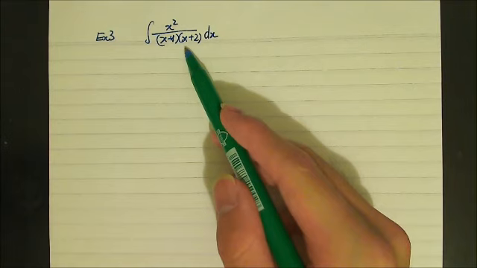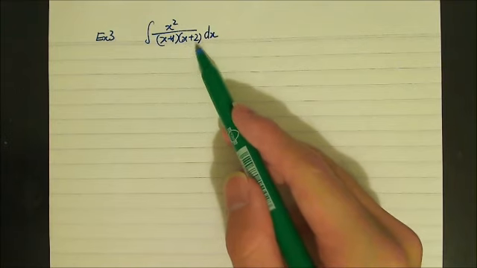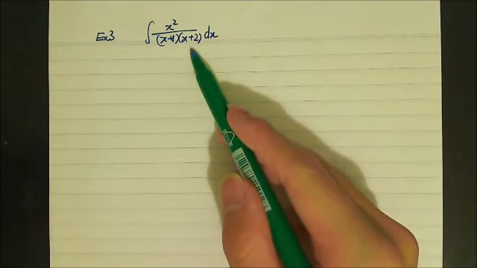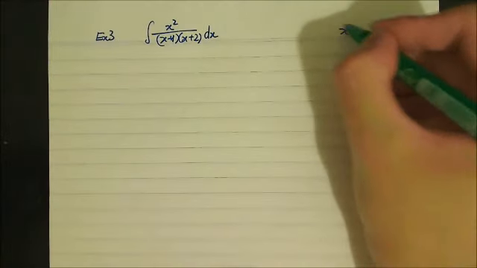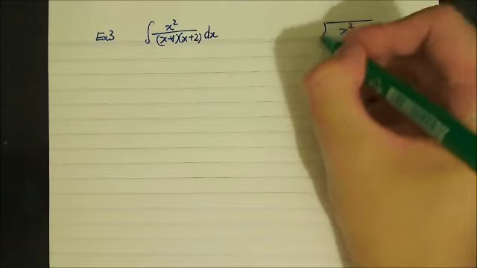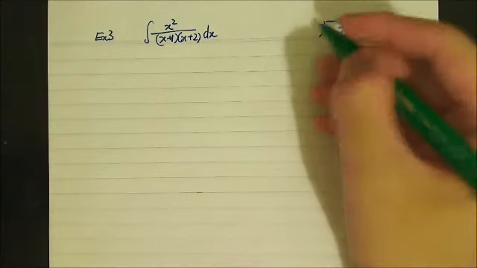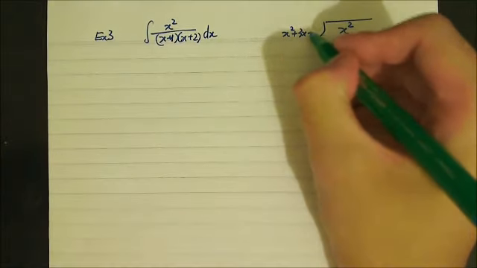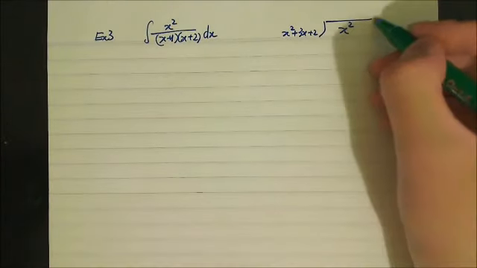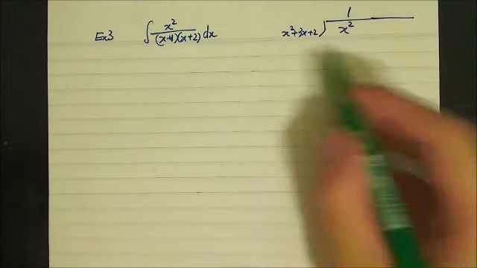We must first do long division. Now it's a little inconvenient that we must expand this before we do long division, but let's do that. So we want to divide x squared by that product, so it's x squared plus 3x plus 2. Carry out the long division.